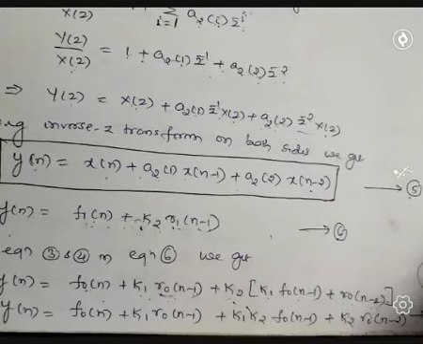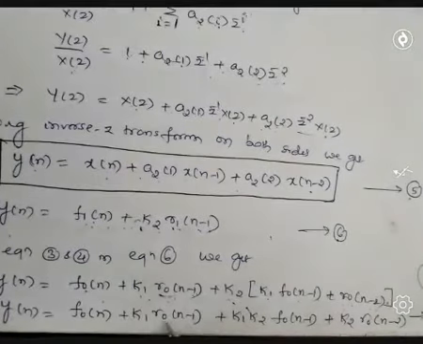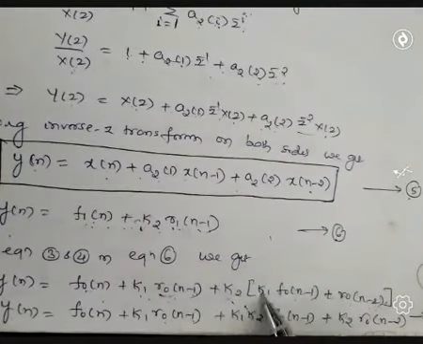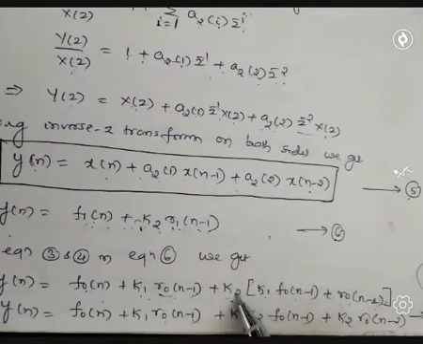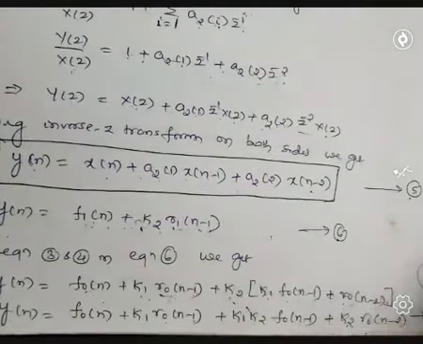So y of n equal to F0 of n as it is, plus K1 R0 of n minus 1, then multiply K1 into K2, that is K1 K2 F0 of n minus 1, then K2 multiplied by R0 of n minus 2. This is equation 7.